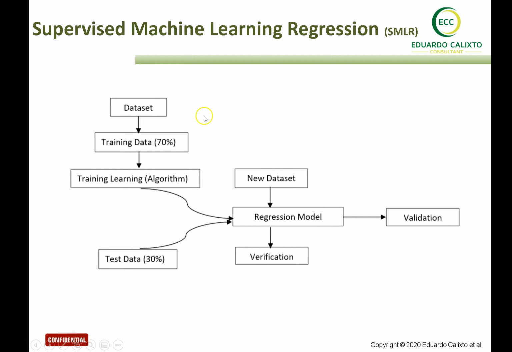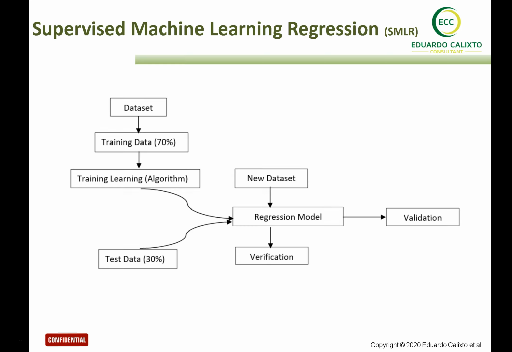Now we apply the same principle that we have in machine learning, but in the case of regression methods, what we are now doing is to predict the dependent variable that is a continuous variable, such as time to failure, remaining useful lifetime, and other parameters, whatever you want to predict.